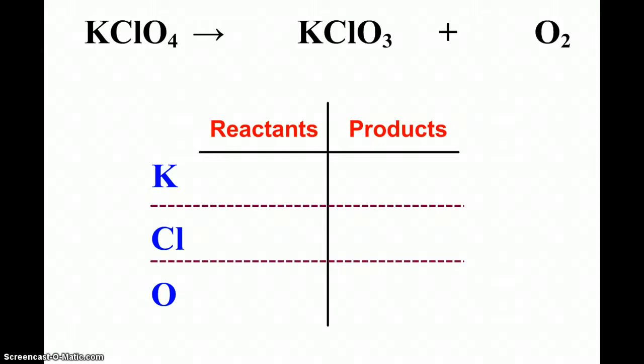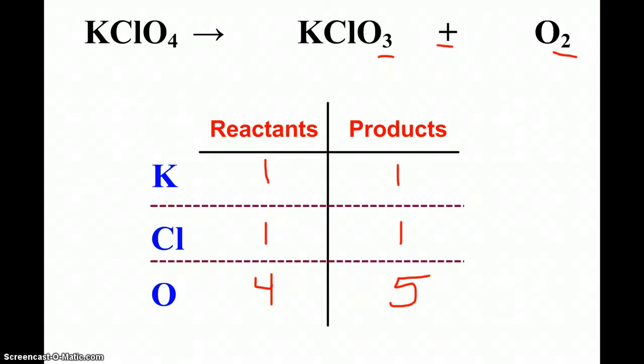So again, I am looking at figuring out how many potassiums, chlorines, and oxygens are on both sides. So if I'm doing my tabulation, 1 potassium and 1 chlorine are going in, as well as 4 oxygens. Coming out, 1 potassium, 1 chlorine, and then I have 3 plus 2, which is 5 oxygens coming out.